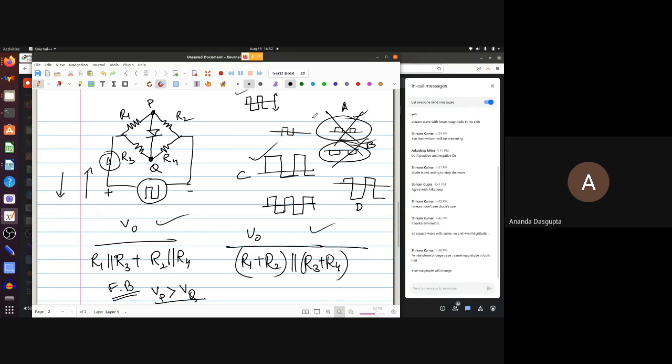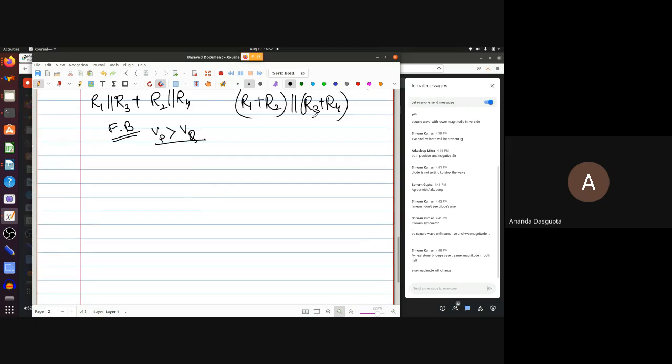Now, if you had this, would you be able to tell me whether this diode is forward biased or not? Yes. So when will it be forward biased? When V is positive, right?